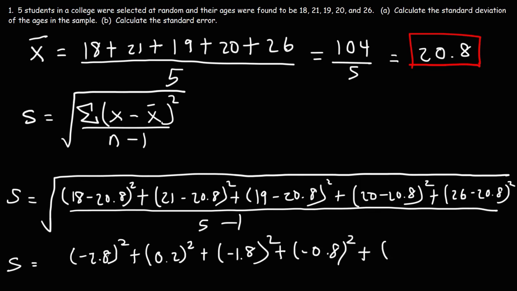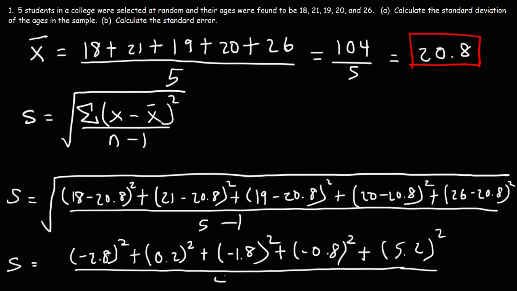And 26 minus 20.8, that's going to be 5.2. And 5 minus 1 is 4.